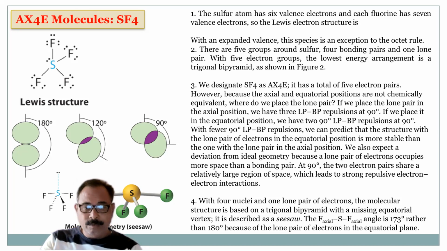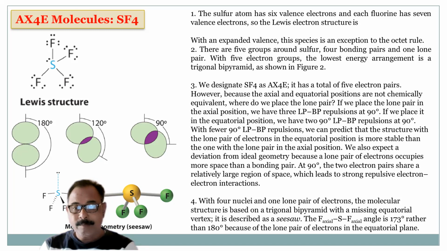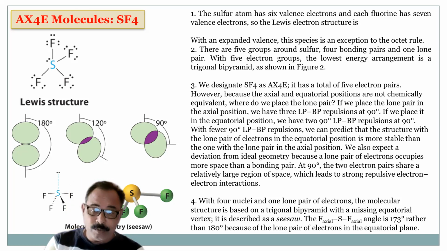Then we designate SF4 as AX4E. It has a total of 5 electron pairs. However, because the axial and equatorial positions are not chemically equivalent, where do we place the lone pair?